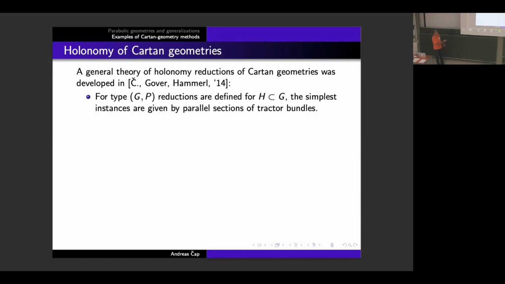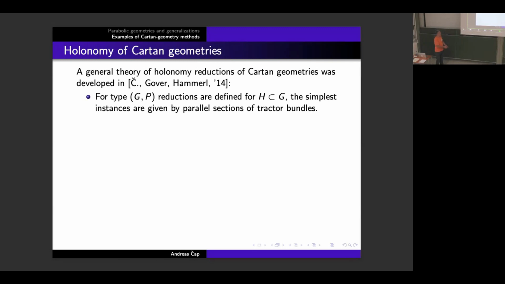In the case that your type is G/P, your holonomy groups are subgroups of G. So the conformal holonomy, as it was for the Fefferman spaces, is a subgroup of SO(n+1,1) and not of the parabolic subgroup P. The holonomy groups are subgroups of the big group.